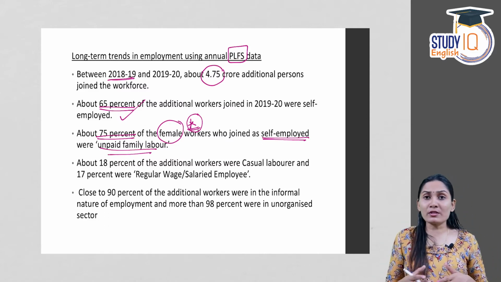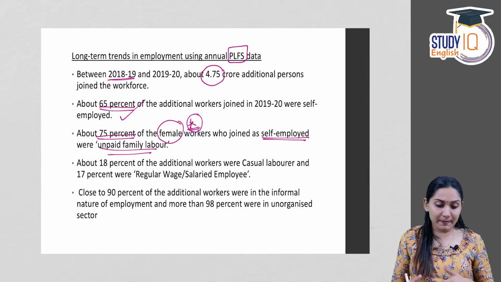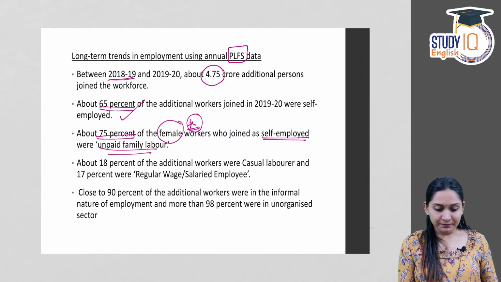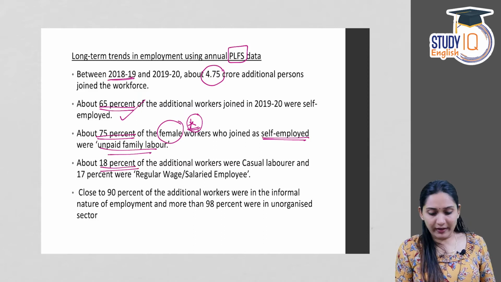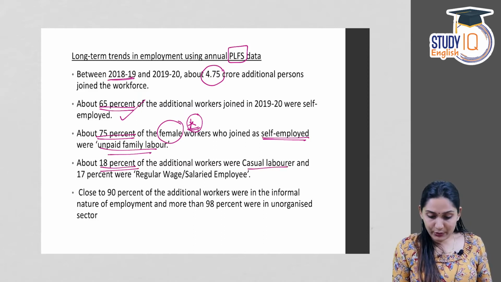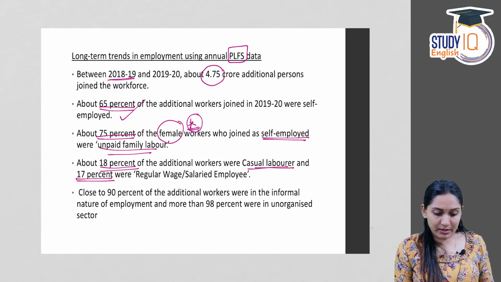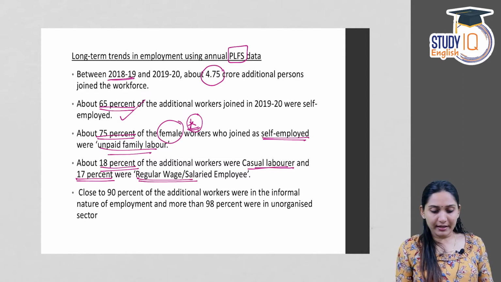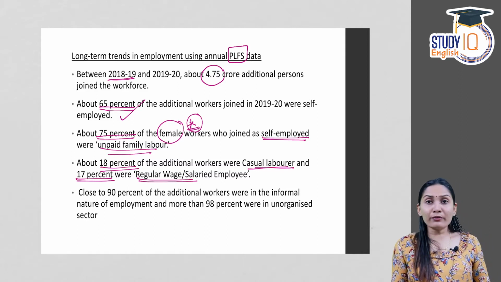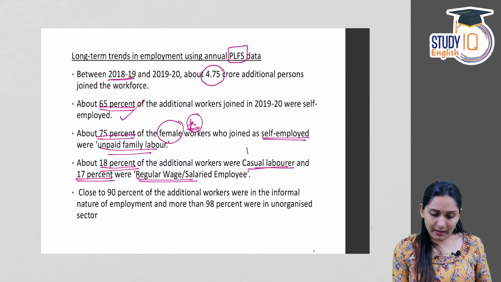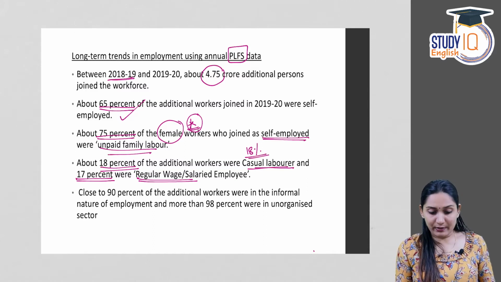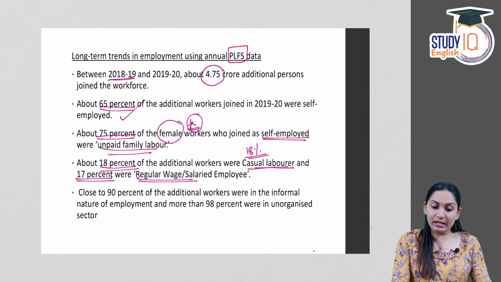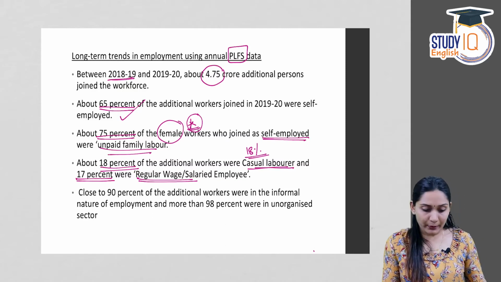This clearly shows how much gender disparity does exist. About 18% of additional workers were casual laborers and 17% were regular wage or salaried employees. So of the total addition, about 18% were casual laborers and 17% regular wage or salaried employees.